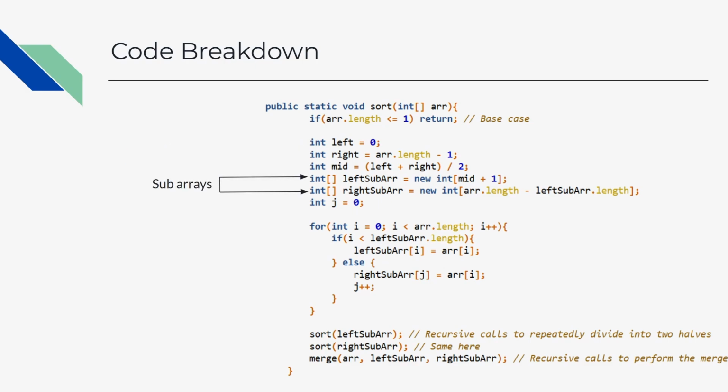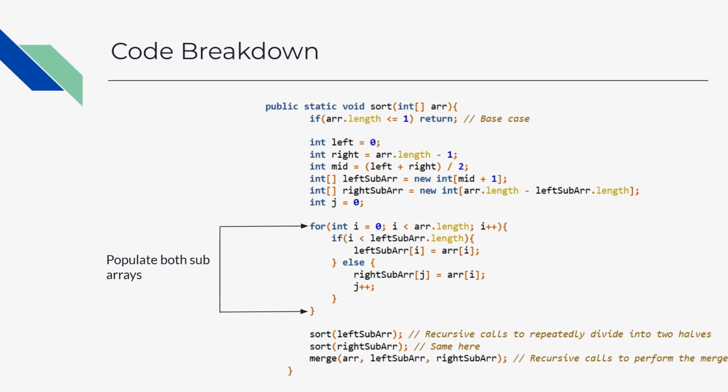As you can see, here are the two subarrays. If you're wondering what J is for, it's going to be used when adding values to the right subarray. So here is the for loop that will be used to populate both subarrays.